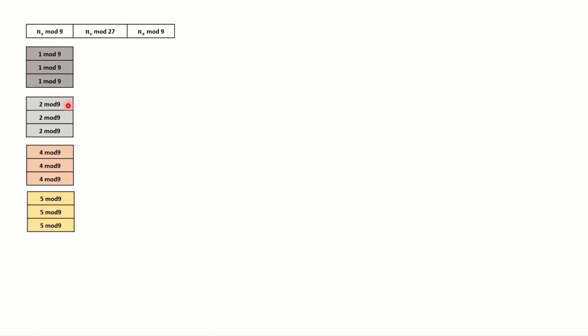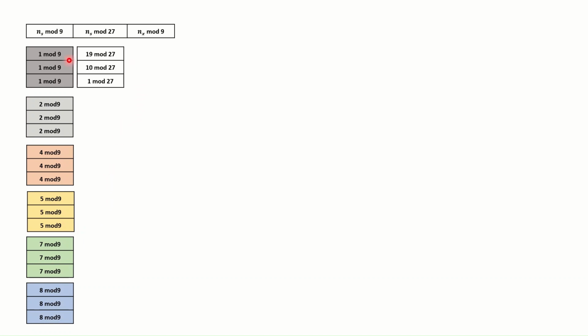Now let's dig in further. Let's look at these numbers with respect to them being modulo 9 and modulo 27. When we think about numbers modulo 9, we have these combinations: 1 mod 9, 2 mod 9, 4, 5, 7, 8 mod 9. And these numbers in terms of their mod 27 definition will have certain different values.